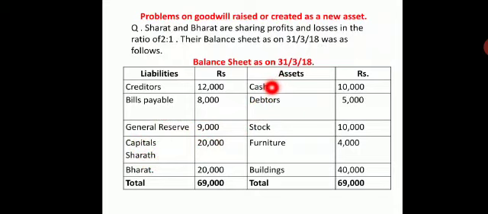Assets: cash in hand 10,000, debtors 5,000, stock 10,000, furniture 4,000, building 40,000. Total of the balance sheet 69,000, both sides.